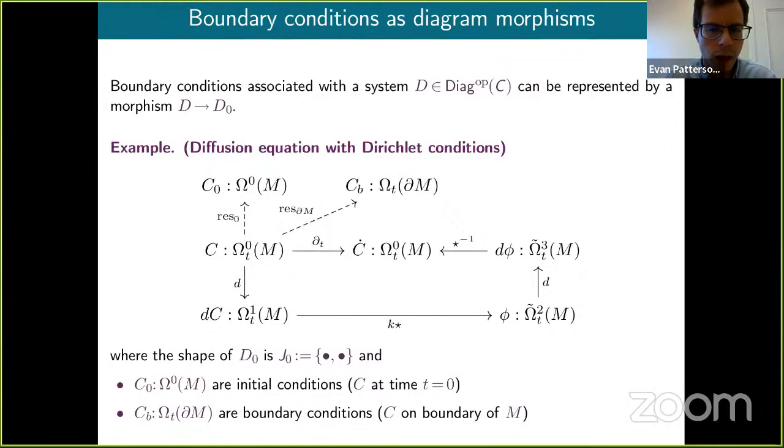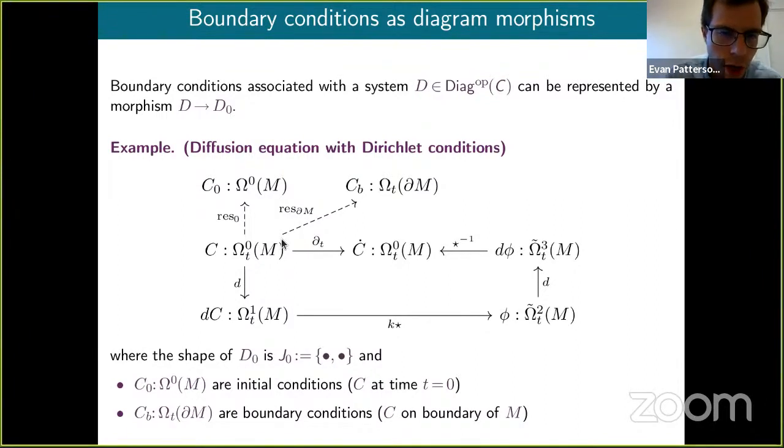Okay, so let's see how we can use one of these diagram morphisms to attach some boundary conditions to this thing. Let's say that our system is a diagram in C, D, and then a morphism into some other diagram D naught can be used to describe boundary conditions.